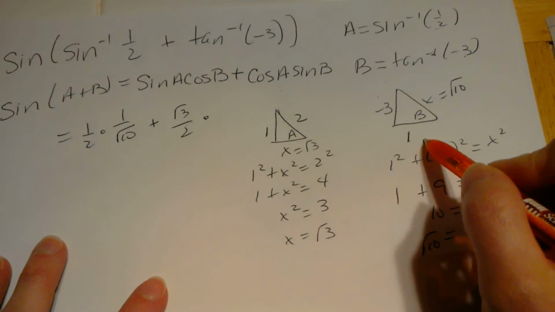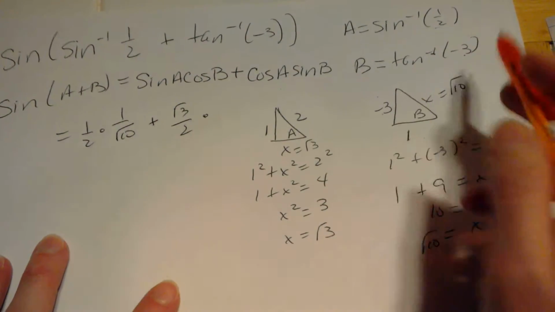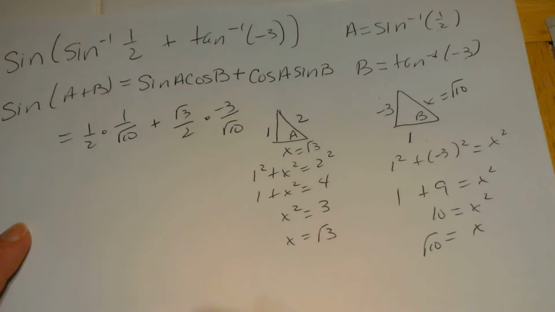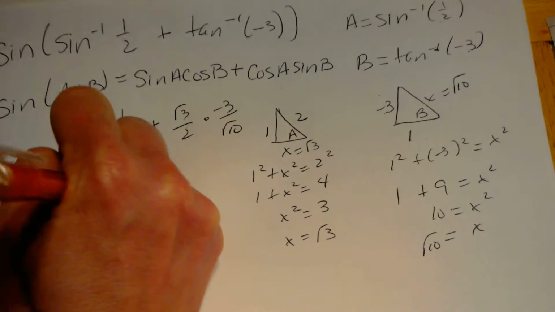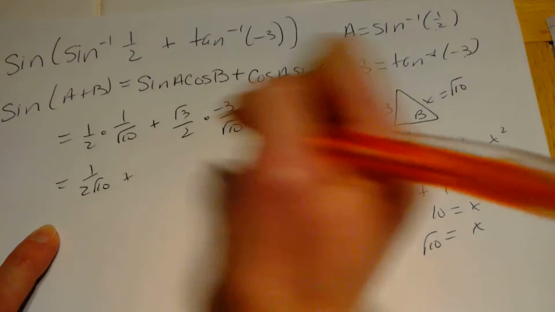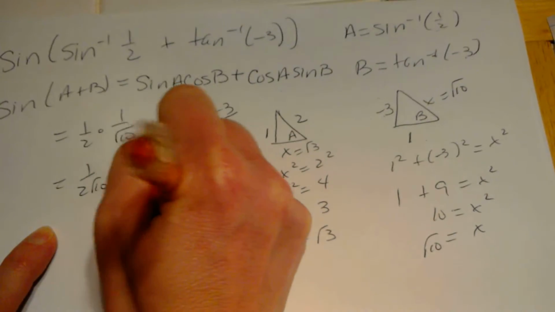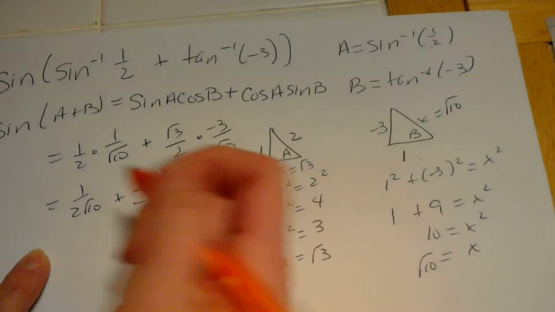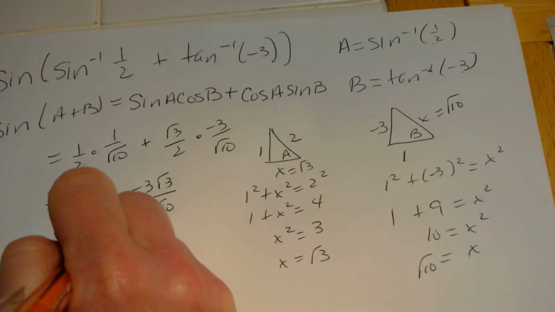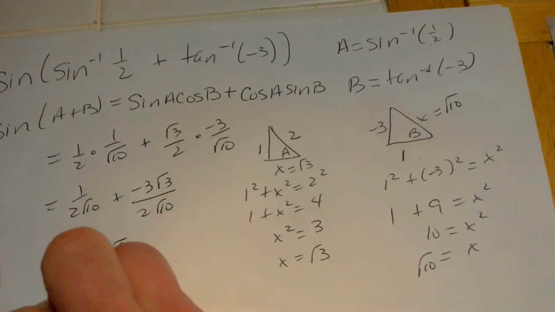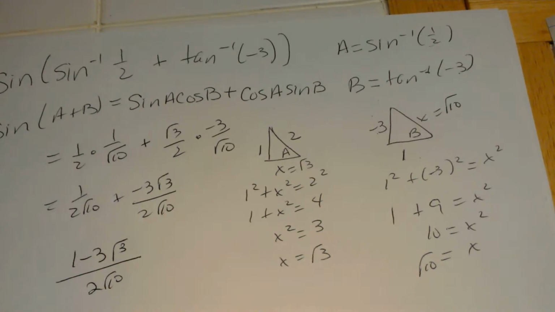And then my sine for B is my opposite over my hypotenuse. If I simplify this, I have 1 over 2 root 10 plus -3 root 3 over 2 root 10. So I end up with -1 minus 3 root 3 over 2 root 10.